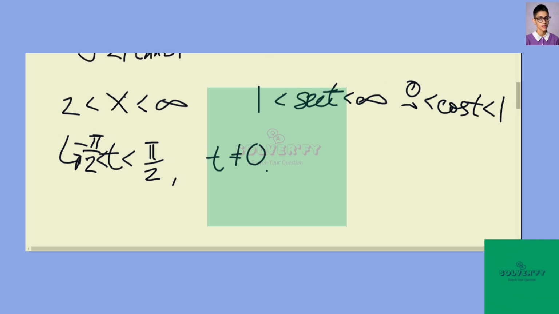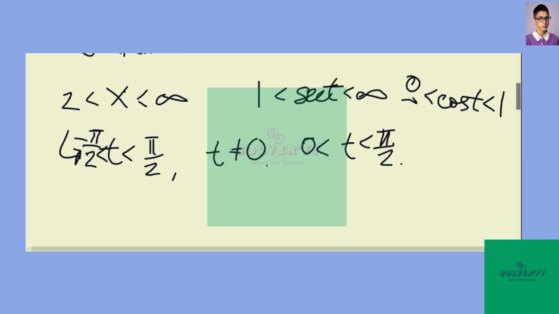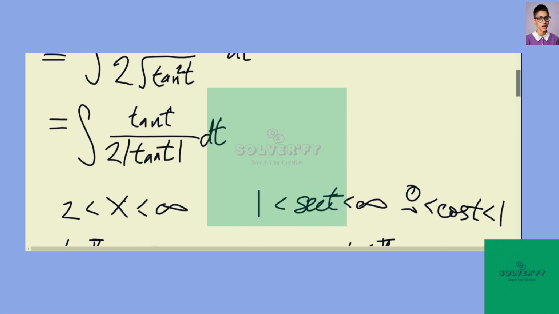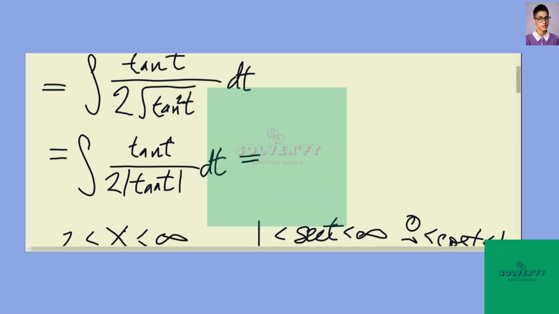In fact, since we're just looking at the inverse cosine, we're really only concerned about t between 0 and pi over 2. For these values of t, it follows that the tangent of t is going to be greater than 0. Therefore, our integral simply becomes the integral of 1/2 dt, which is 1/2 t.